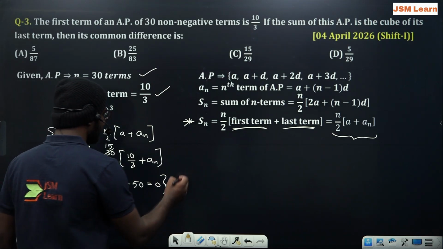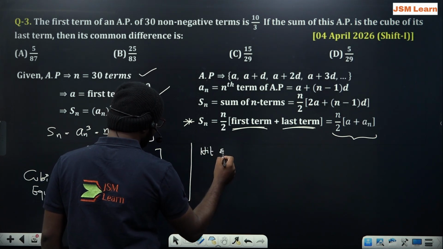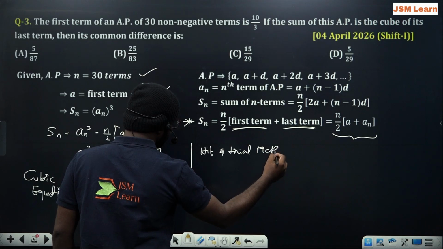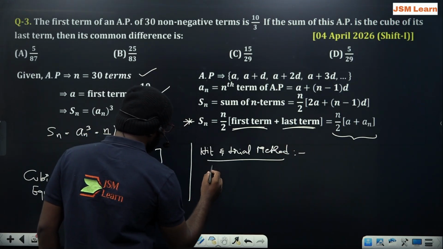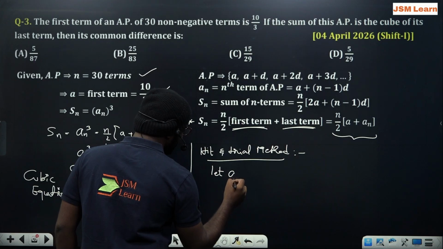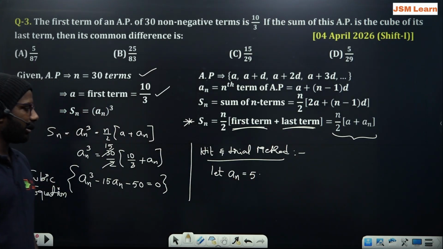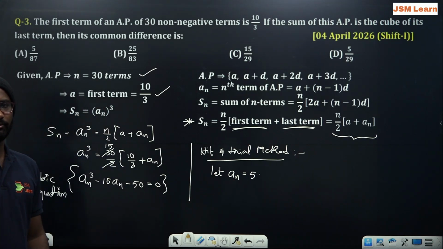So how to solve this cubic equation? I'll take the hit and trial method for this. Now I am assuming An is equal to 5. How did I get the thought to take An equal to 5?